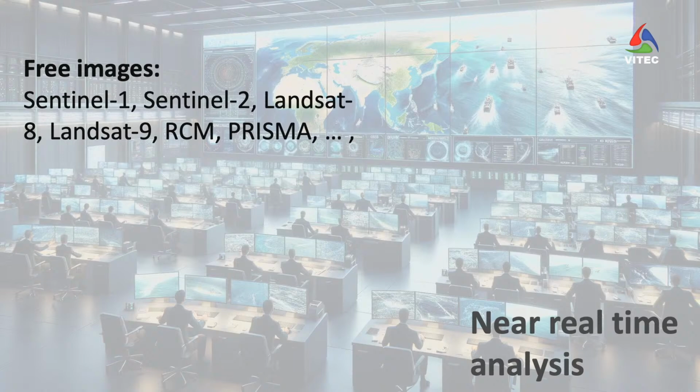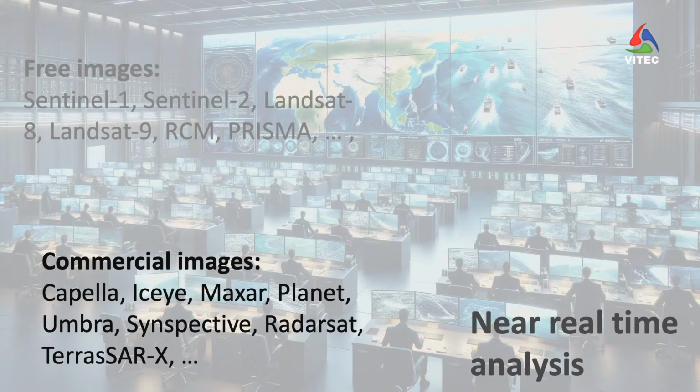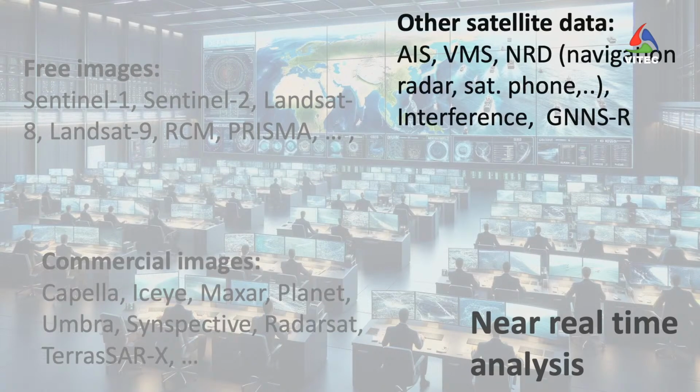So you're depending on the free data. That is something that should always be running, and then you're detecting something on the free data all the time. And then when you find something of interest, whatever that might be, you can pay for some commercial images and figure out what is actually going on down there. They can be higher resolution, they can be a different type, whatever. You can also use other types of satellite data, of course.